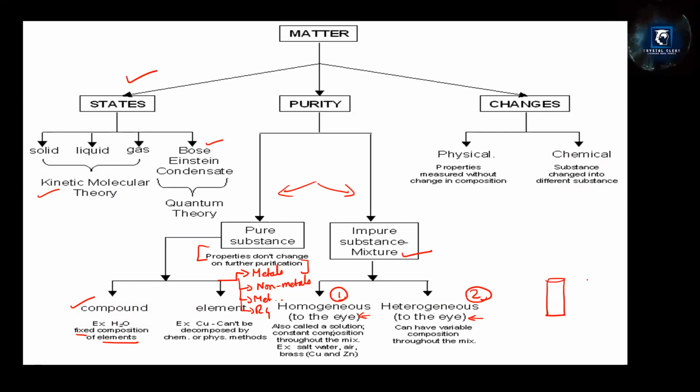It is homogeneous, where you can see a separate substance, two substances, that you call heterogeneous, right? So salt water, air, and alloy, all you take as homogeneous. Heterogeneous, where they are in a variable composition.